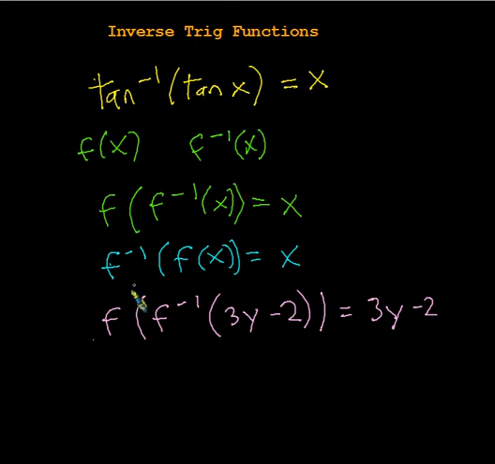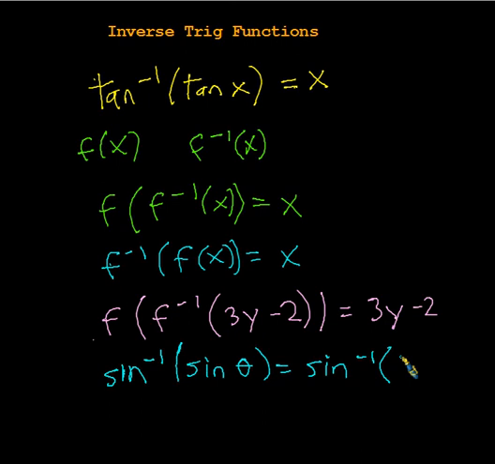Now, it's important to realize that when we apply this stuff, for instance, let's try sine, we'll take the inverse sine of the sine of theta, and we say that that is equal to the inverse sine of some ratio, whatever the ratio happens to be.